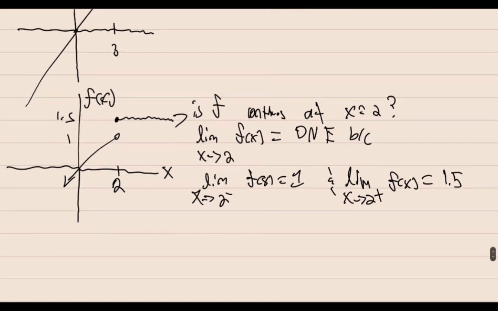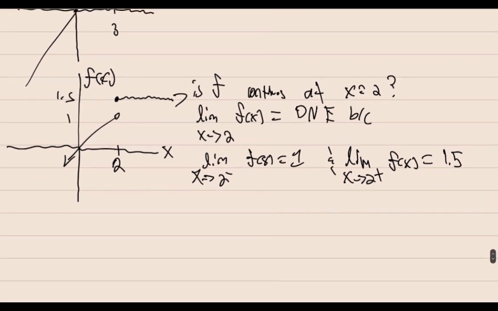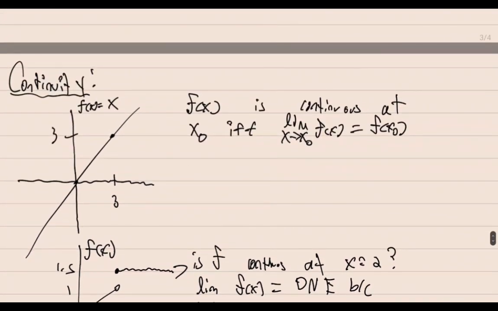All right? So that already tells us that our limit doesn't exist. So if our limit doesn't exist, well, we can't satisfy this definition because our function value will never be DNE. Function values can never be DNE unless they're undefined.